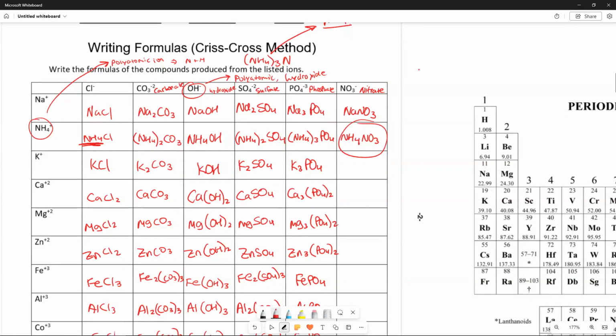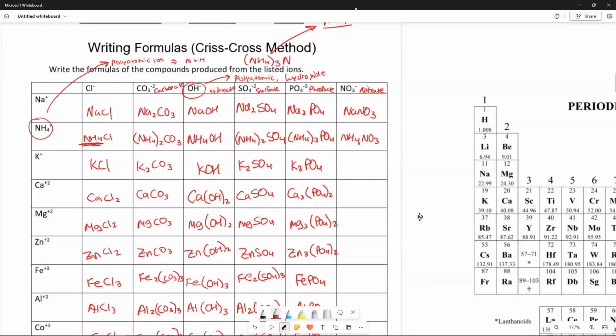This one's special. You might think it's weird because there's 2 polyatomic ions, and you might be asking, why don't we separate this like NH4 and then parentheses NO3? Well, we only have 1 of each. There's no need to do that. All the numbers fall to their respective ions and elements. So we do not need parentheses here.